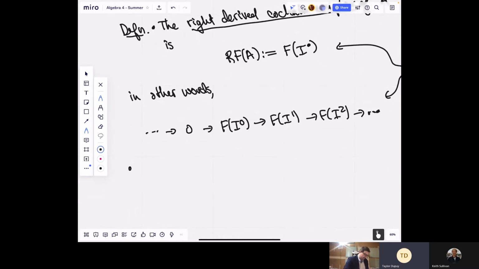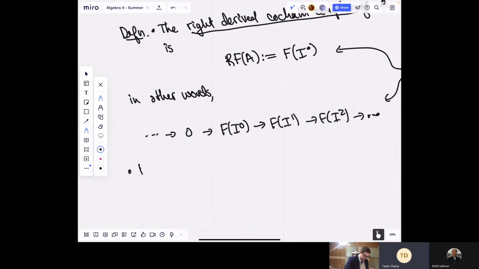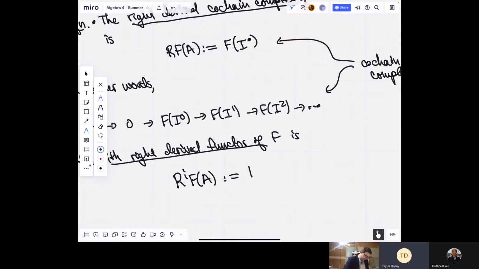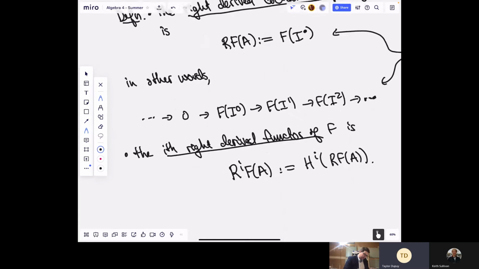Okay, and so the ith right derived functor of F is this functor R^iF of A. This is defined to be the ith cohomology of this complex. Okay, so that's what we have here.